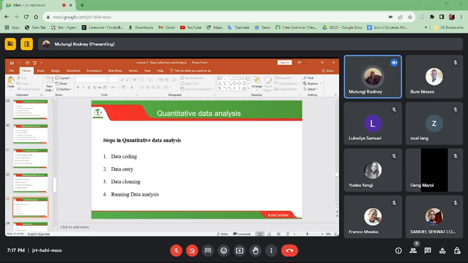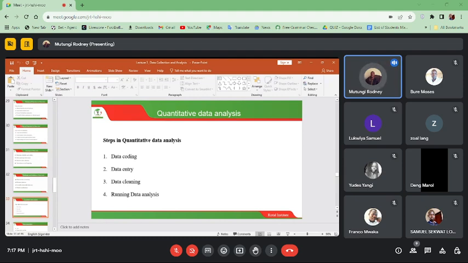So if I have collected a lot of data about people, about their marital status, their employment status, their religion, their tribe, I need now to see if that can maybe relate to their nutrition status. Does it mean that if a person is married, they are more likely to have a better nutrition status?